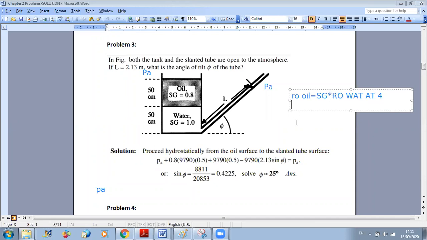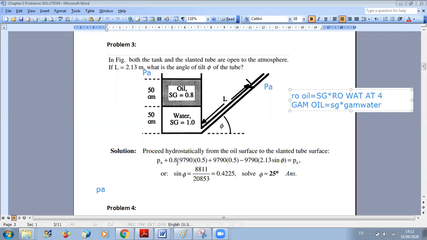And the same for the specific weight, because what is the specific weight by definition? You can do the same relation for gamma, because to go from rho to gamma, all you have to do is multiply by g, which is a constant for the same problem. So I can write that gamma of oil is equal to the specific gravity times gamma of water, and gamma of water at 4 degrees is 9,790.